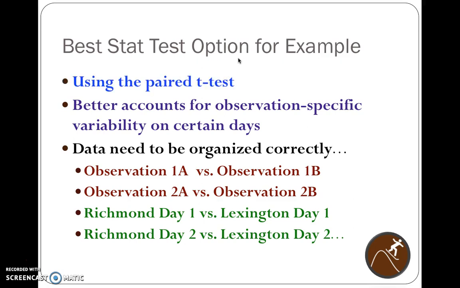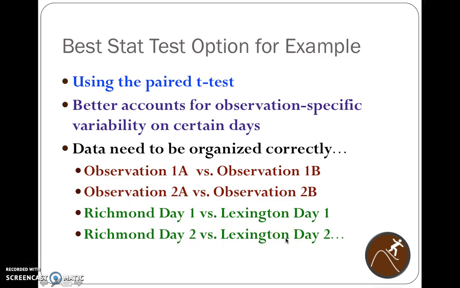So the best stat test option for the example is using the paired t-test. We want to use the paired t-test. That's the best one, and it best accounts for those observation-specific days of variability. The data do need to be organized correctly. Observation 1A versus observation 1B, or 2A versus 2B, or Richmond day 1 versus Lexington day 1, Richmond day 2 versus Lexington day 2.